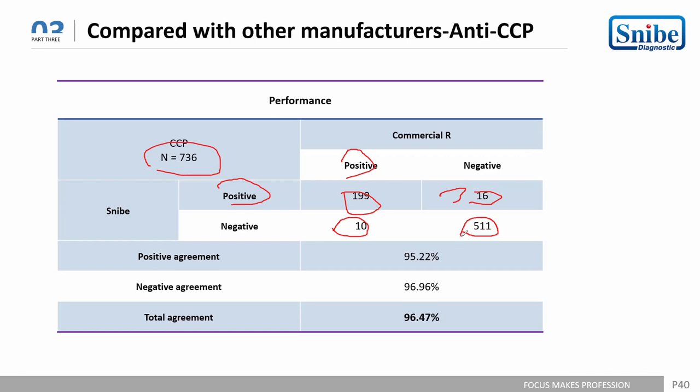So the positive agreement is 95.22% and the negative agreement is 96.97%. The overall agreement is 96.47. So according to this, the performance of the anti-CCP from the SNIBE platform is equally good as compared to the other commercially available parameters in the market.